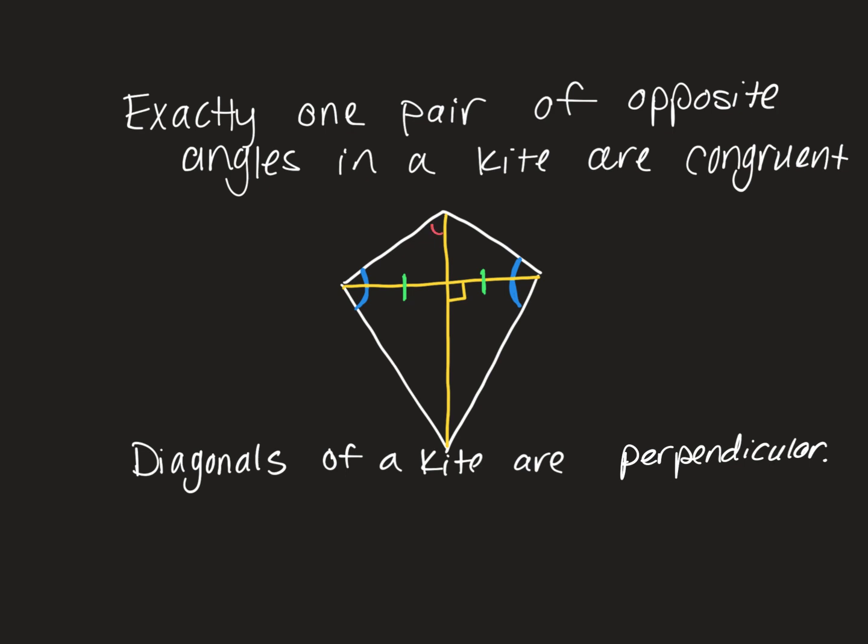So like this angle up here is going to be congruent to that one. And then this one down here will be congruent to this one. So basically you can use the fact that you've got a right triangle and find a missing angle. You need to use the triangles in here to help you find your missing parts.